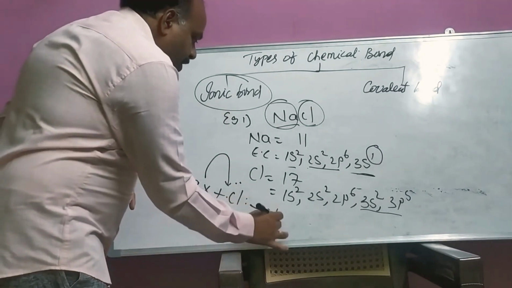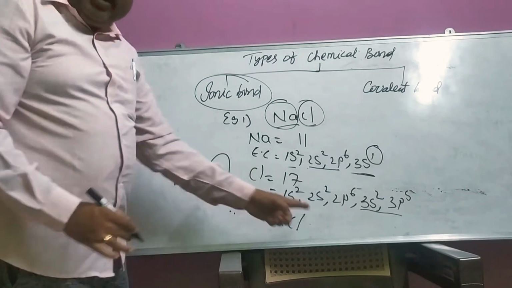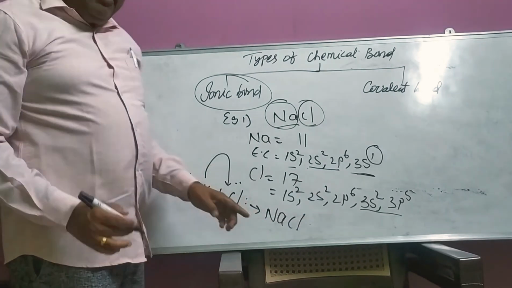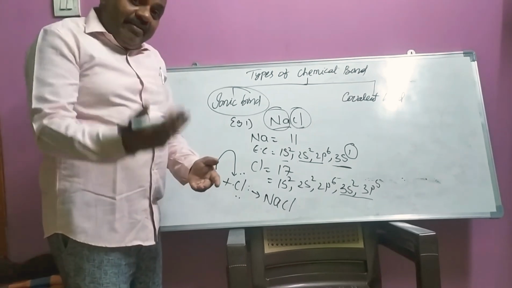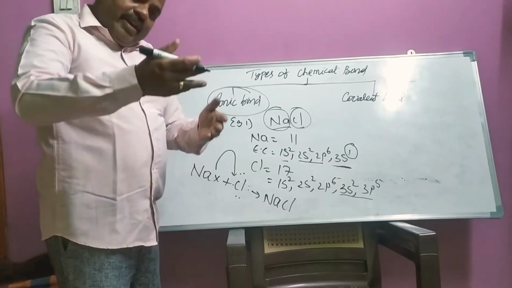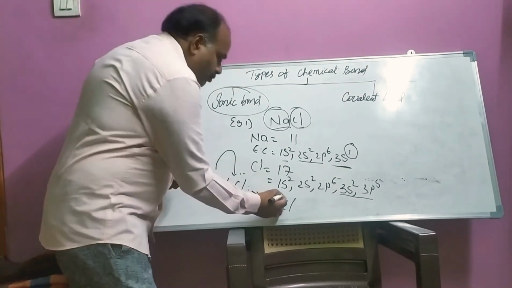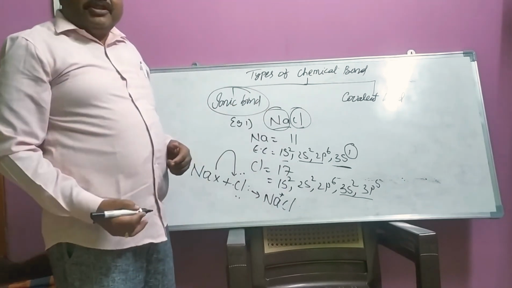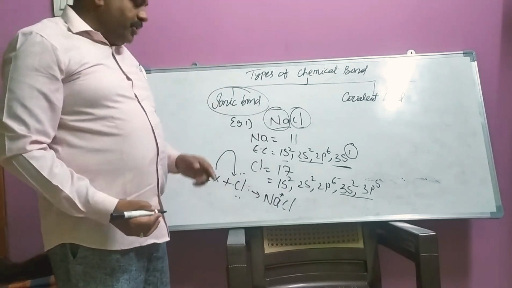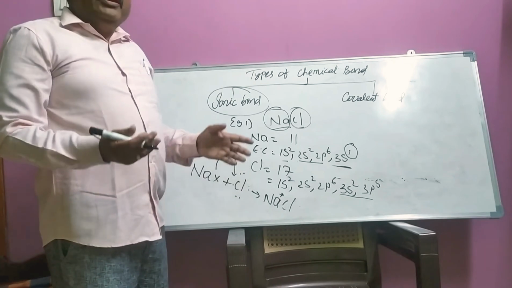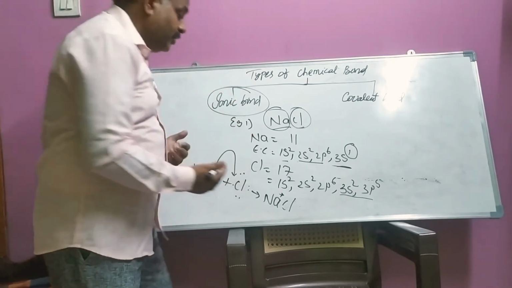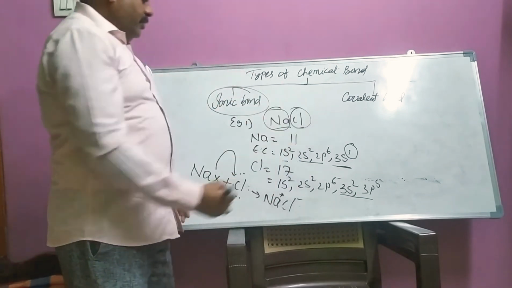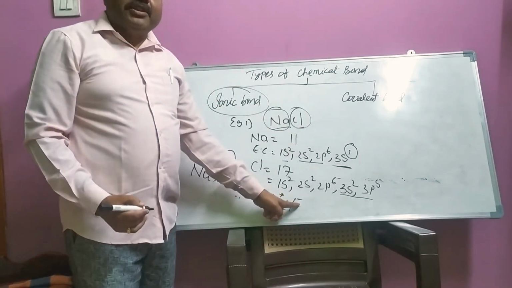Then the bond is formed between sodium and chlorine. Here, sodium loses 1 electron, that means 1 negative charge is decreased. When negative charge is decreased, positive charge increases, so it gets a positive charge. At the same time, chlorine has taken that electron, so it gets a negative charge.